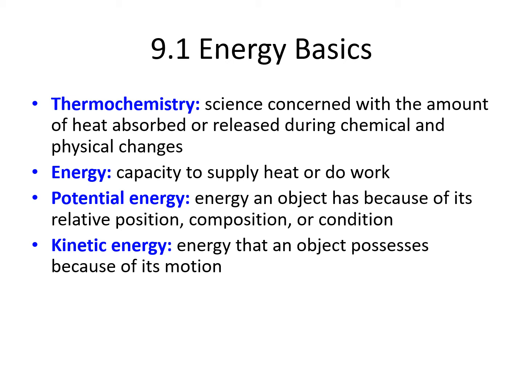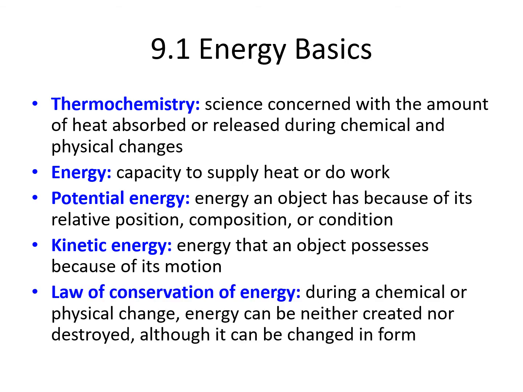Kinetic energy is energy related to motion. So when the ball is rolling down the hill, that is involving kinetic energy. So we're going to use a law called the law of conservation of energy, which says that energy can't be created or destroyed, it can only change in form.